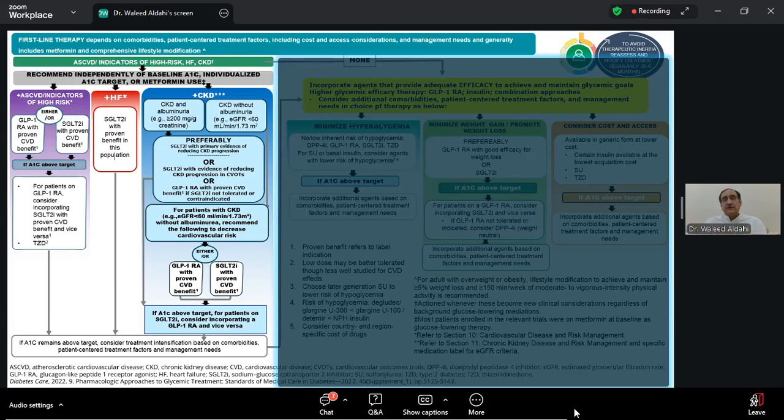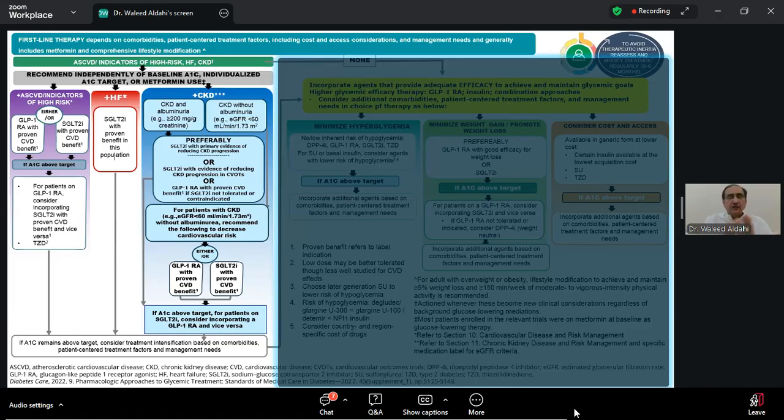When I was in the fellowship back in Boston in the 2000s, the ADA was telling us if the patient has high glucose, you start early insulinization. But now, because of the availability of evidence and medication that may alter the patient outcome, we think about the patient: do they have CKD, heart failure, or atherosclerotic heart disease or not?